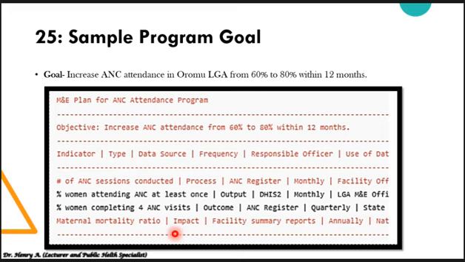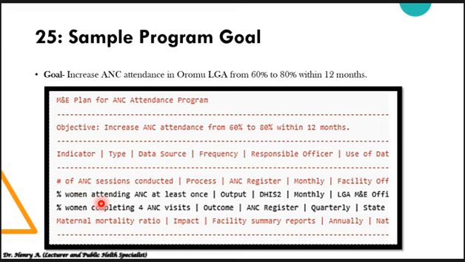Now the question is, what indicators do we put that will help us confirm or observe that indeed the ANC attendance in Oromo local government is increasing? So look at them now. These are the indicators. The number of ANC sessions conducted.